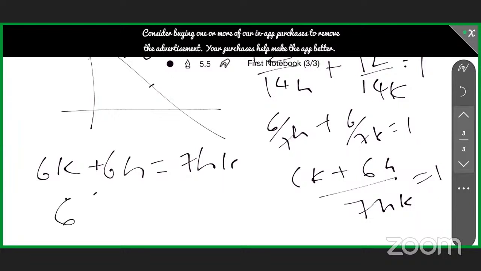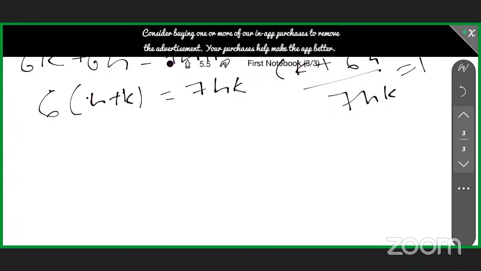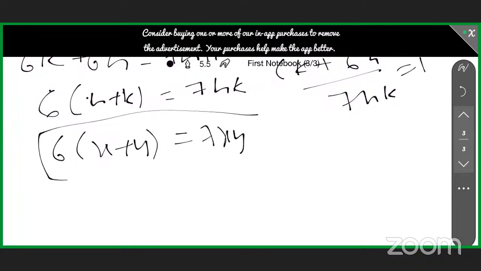Therefore, 6 times h plus k is equal to 7hk. Therefore, if you take this in terms of x and y, this will become 6 times x plus y is equal to 7xy. This is the locus of my line.